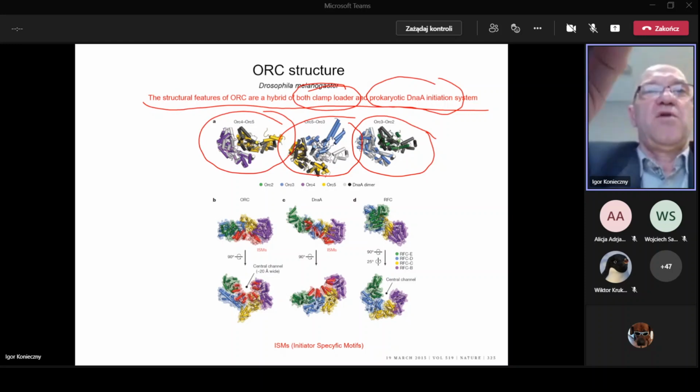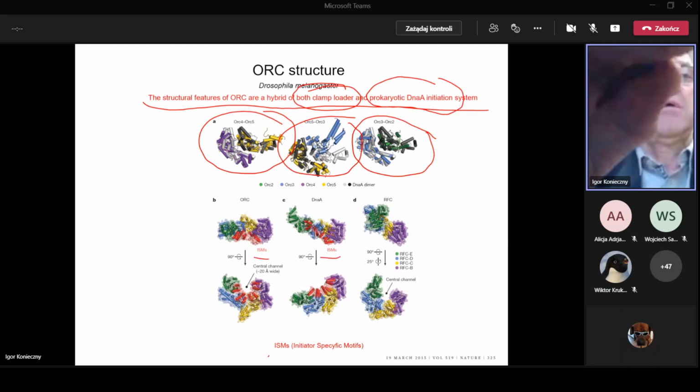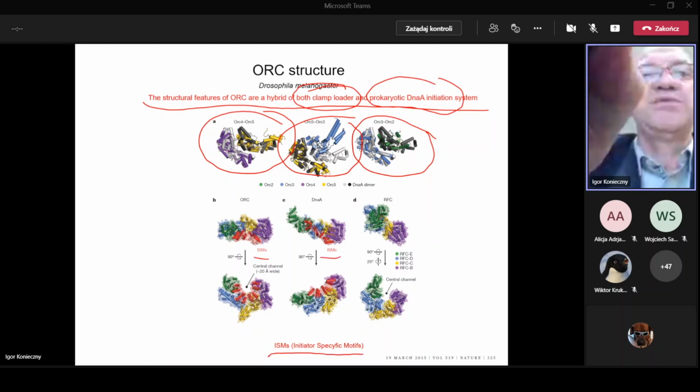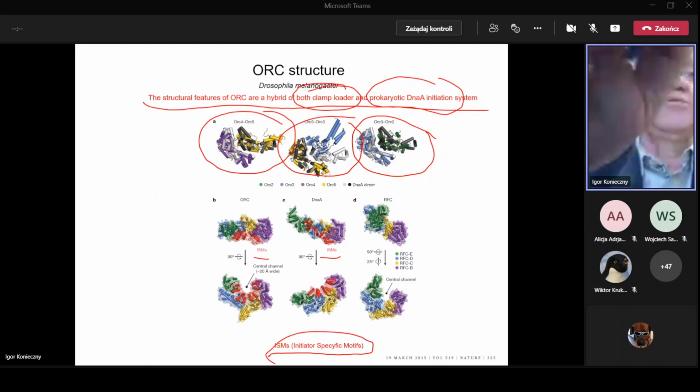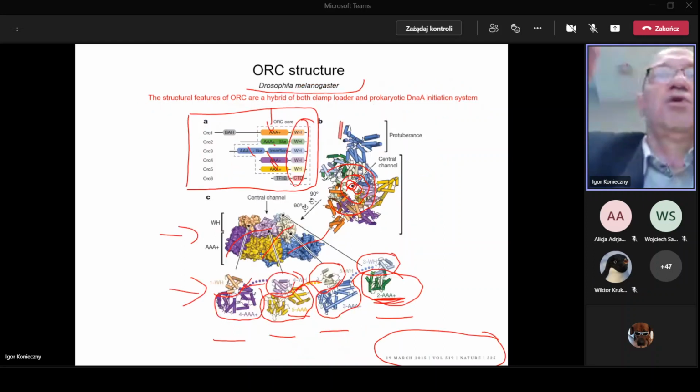And all of them, like DnaA and also replication factor C, the clamp loader, contain these ISMs, initiator specific motifs, and those motifs are usually directed into the inner space of this channel, as shown in here.